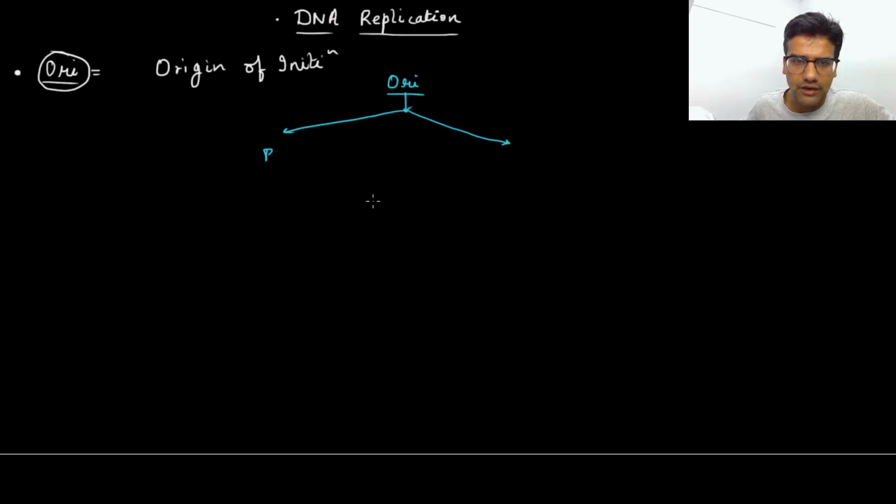So if we talk about prokaryotes, prokaryote means bacterial cells such as the E. coli cell. In case of prokaryotes, the process of replication only starts at a single point. Replication occurs at a single point.